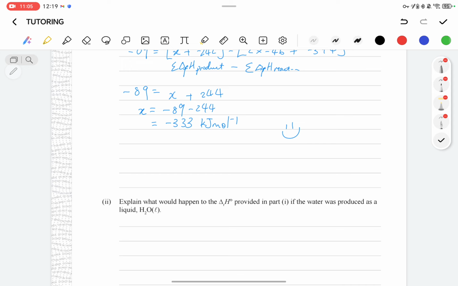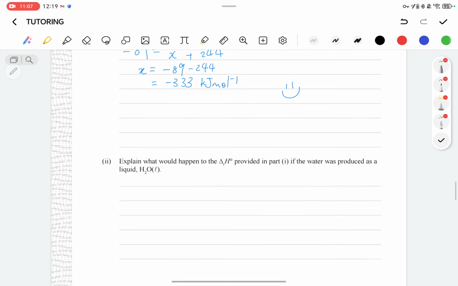Very nice, Leo. I think you've covered most of it. You're right that if liquid water is produced instead of gas, then heat energy will be released because intermolecular bonds form between liquid molecules. So it will be more exothermic because it's bond making.